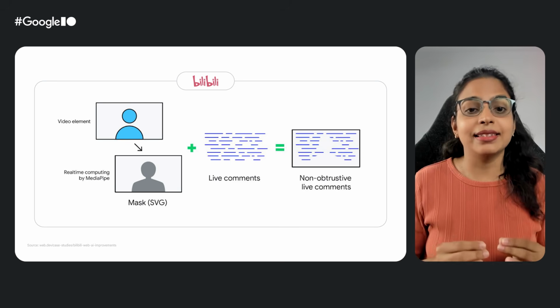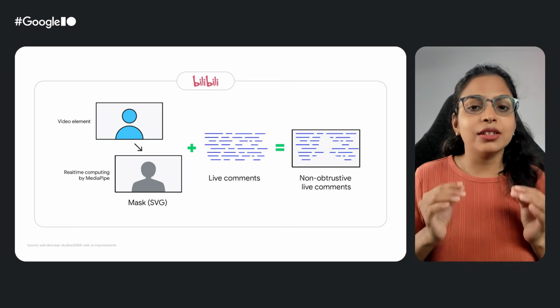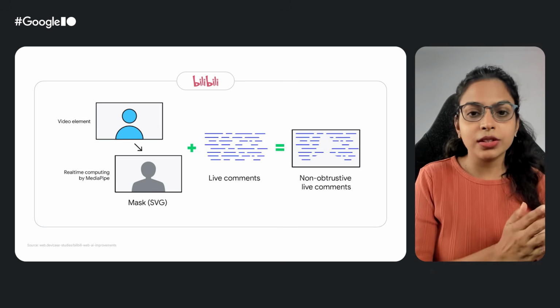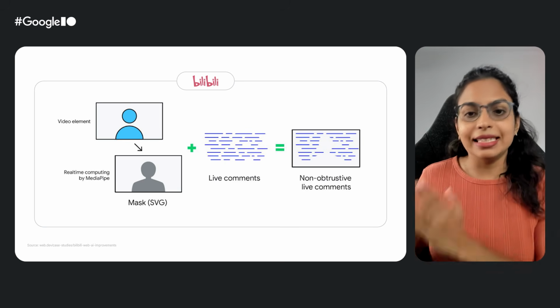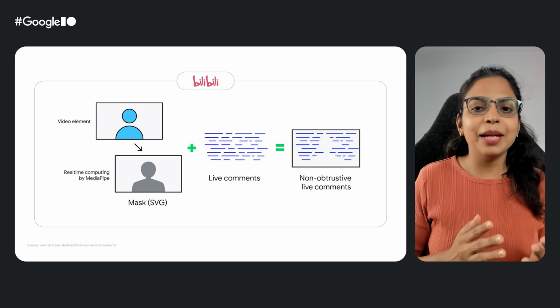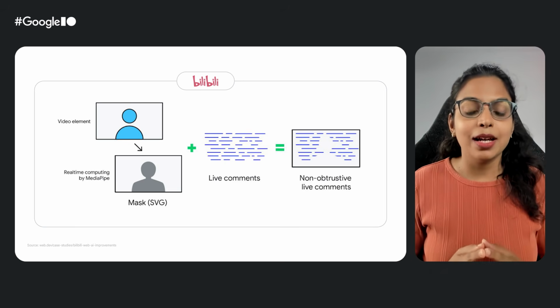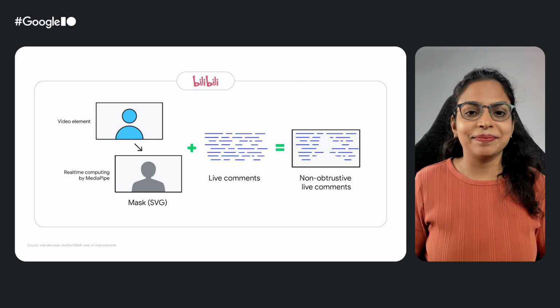But given that they serve a huge amount of content every day, they needed a solution that was low cost, low latency, and accurate. To achieve this, they used MediaPipe and TensorFlow.js's selfie segmentation model, running fully client-side.